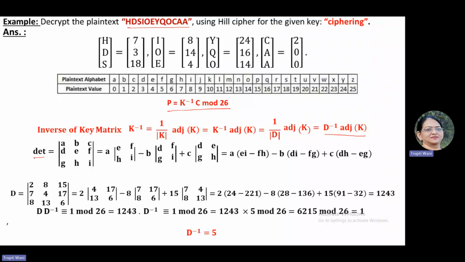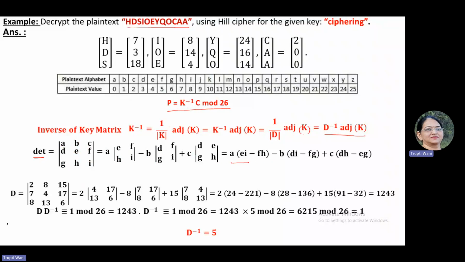So the formula to get the determinant of a 3 by 3 matrix is, if these are denoted as alphabets, then the formula becomes: first element A, then leave the row and column of that A and take the remaining elements and its determinant, minus B, leave this one, and then DI and HG, take this one, plus C. Or you can remember it like this: A into EI minus FH, minus B, just leave this row and column, then DI minus FG, plus C into DH minus GE, and find out this determinant.